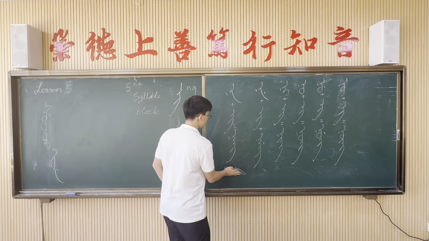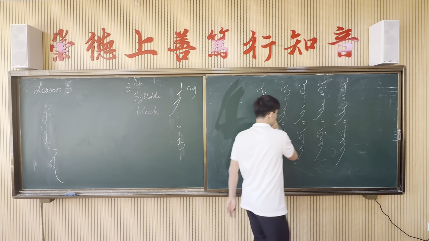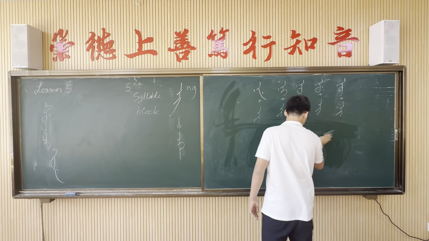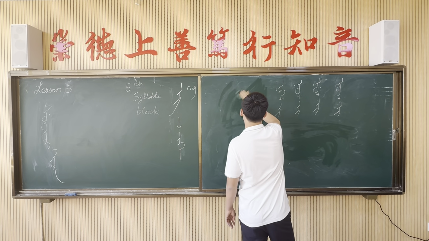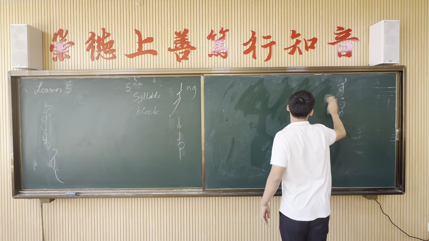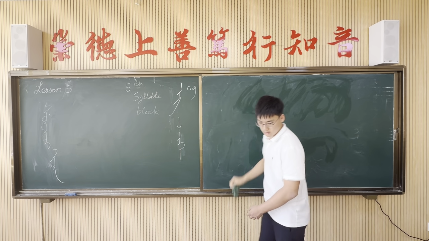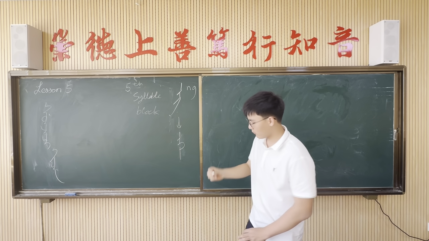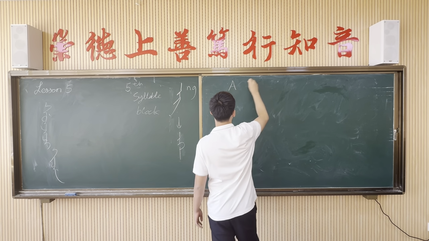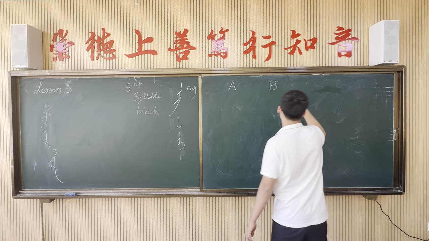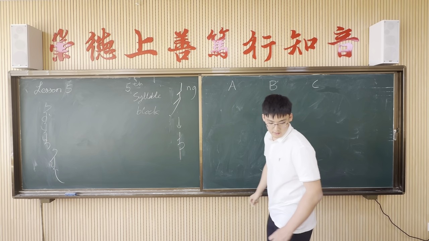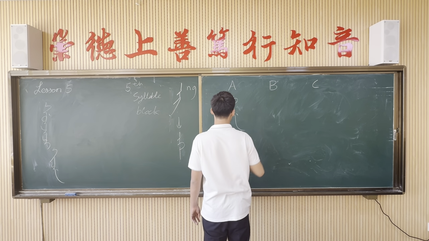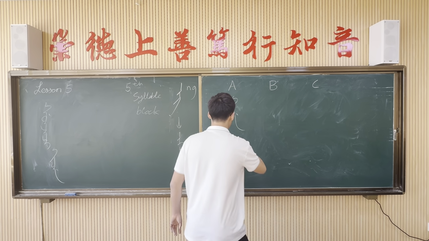And we'll move on to the conversation part of this lesson. So I'm going to erase this now. Okay, so we will have 3 scenarios, A, B, C, right? So A is kitchen. Okay, that's too big.